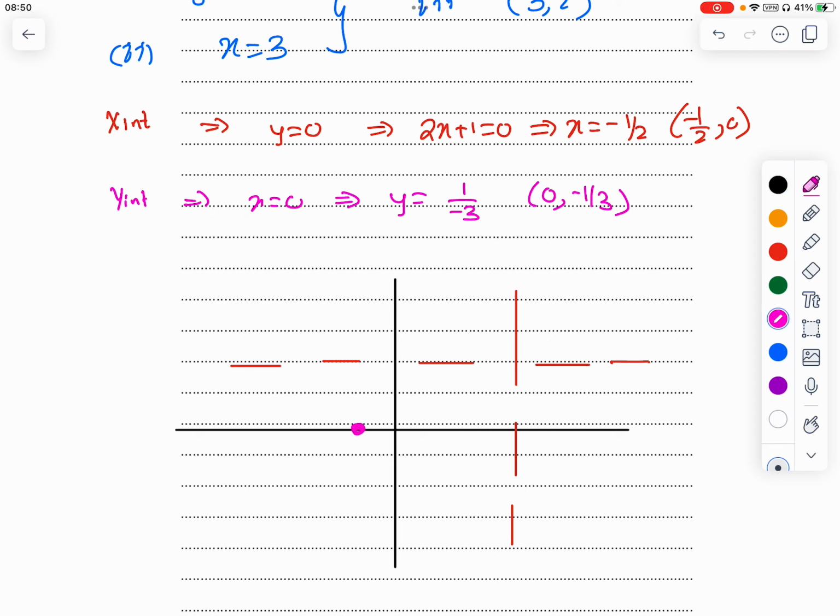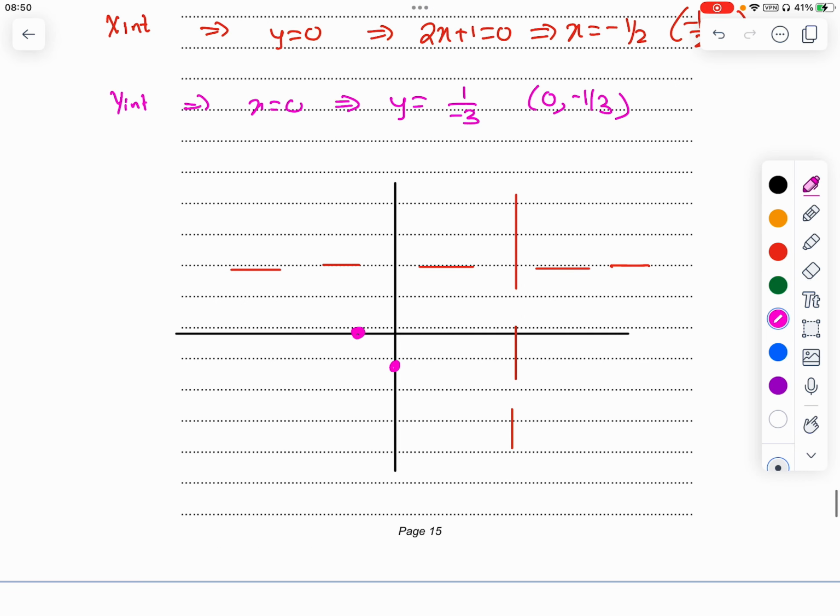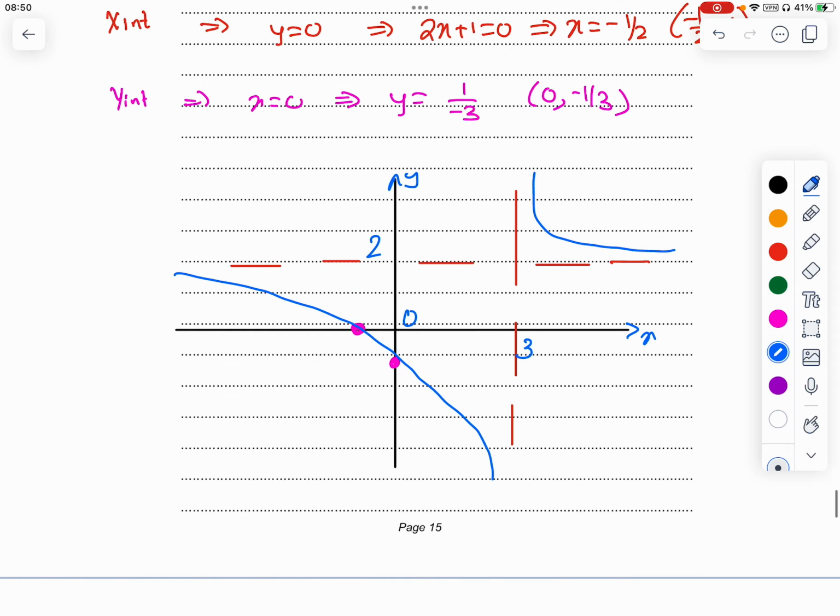This is the x-intercept, and y-intercept is (0, -1/3). So the way I can draw the graph is joining those 2 points approximately in this way. So it's a reciprocal function. It will have its reflection over here. So write out x, y, 2, 3, and the origin O.